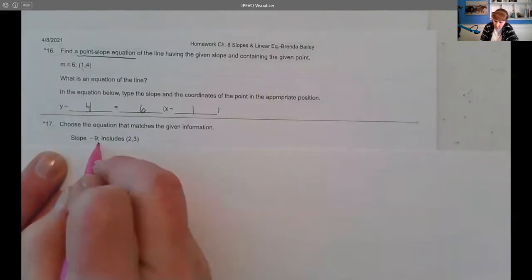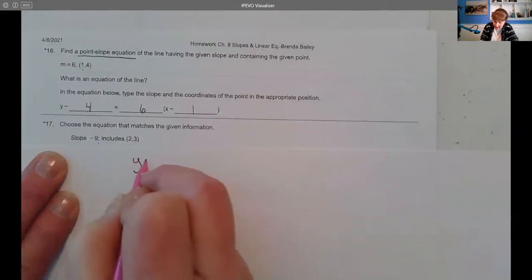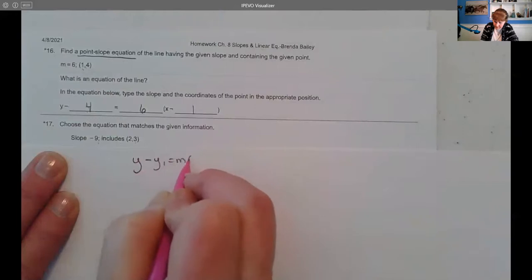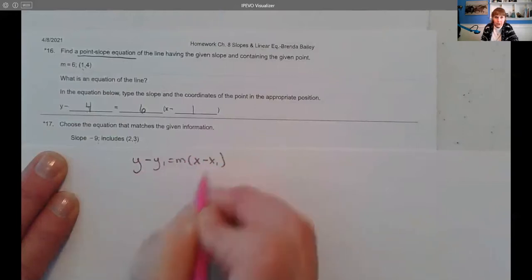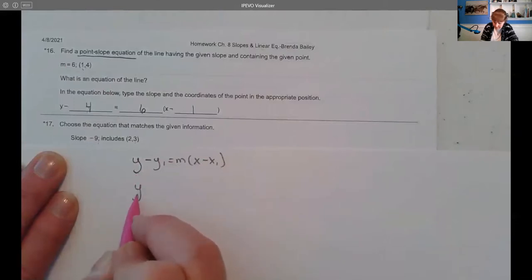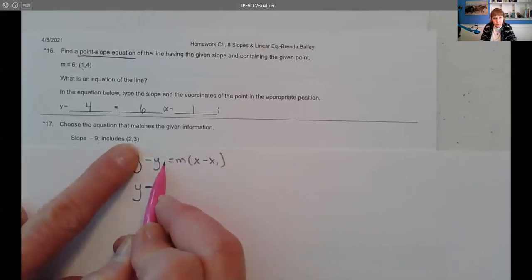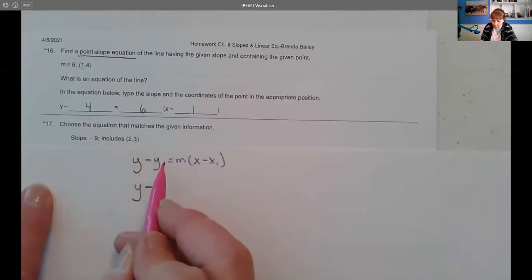Okay, let's look at this next one. We're given a slope and a point, and we're going to use the point slope form. I'm going to write it again. Here we go. We've got y, that's always a y. The y coordinate, this right here represents the y coordinate of your given point. And the y coordinate of the given point is 3.